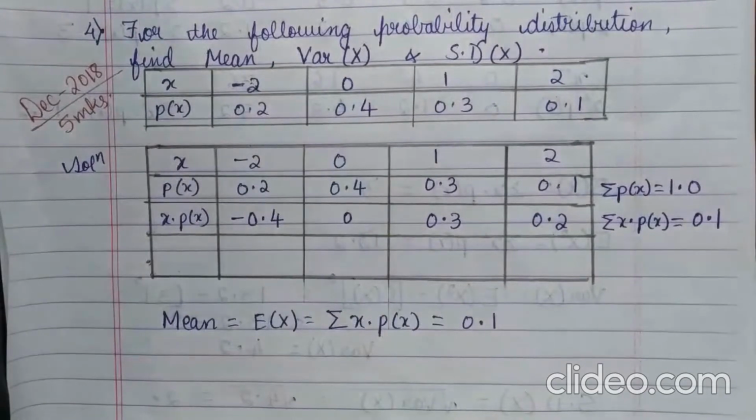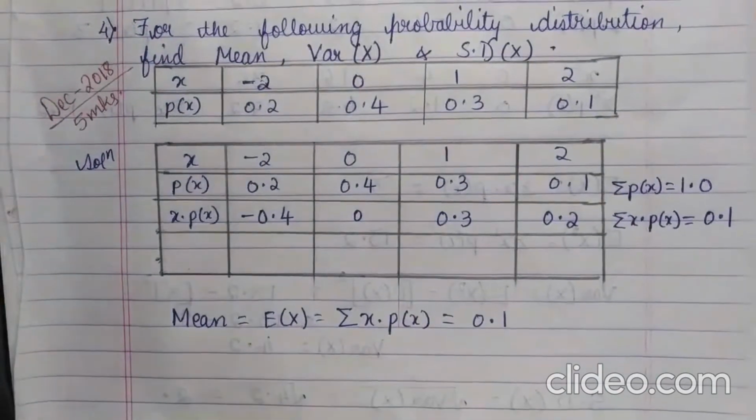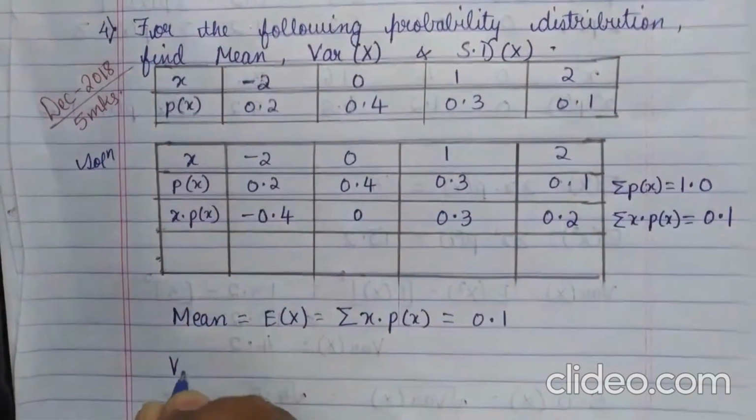Fine. Next, the second thing they have asked is variance of x. I know that the formula for variance of x is e of x square minus e of x the whole square. So I'll write that formula first.